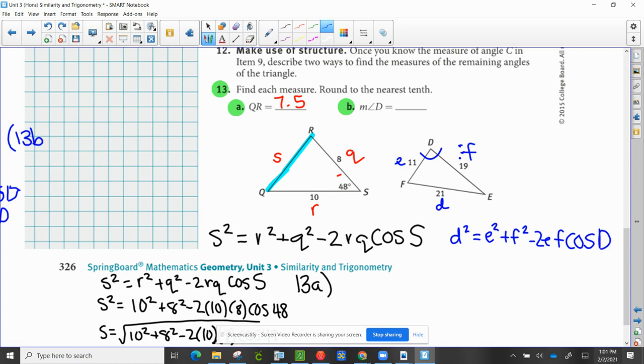Go ahead and set this up, isolate it for cosine, and use inverse trig to find what the angle measure is for D. Go ahead and try this one.